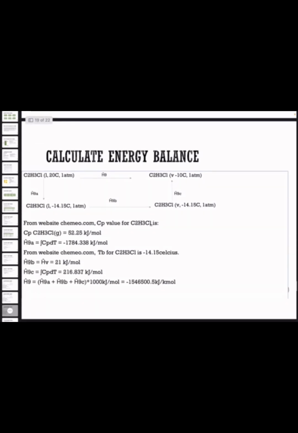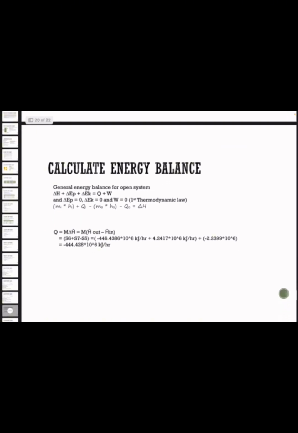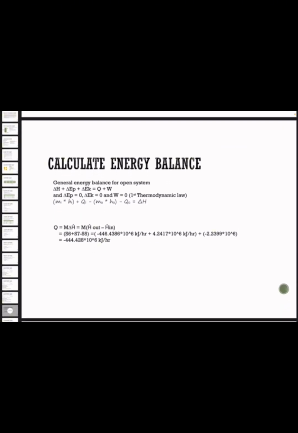Same as this one. I just want to highlight that in the book we don't have the vinyl chloride boiling point and Cp value. So we refer to the website chemeo.com, and then we calculate the energy balance, and the answer is Q equal to minus 444.428.